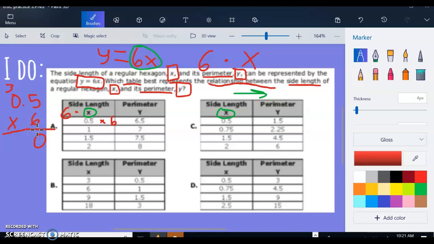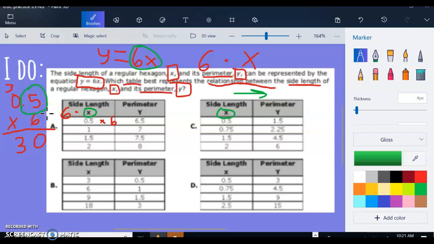Now once again, just like a normal multiplication problem, 6 times 0 is 0. Don't forget to add that 3. So we come up with 3 right here. Now remember, the amount of decimal places in your problem is going to be the amount of decimal places in your answer.